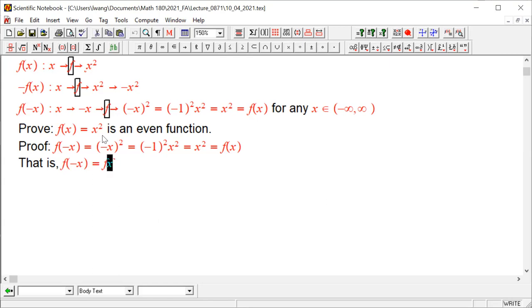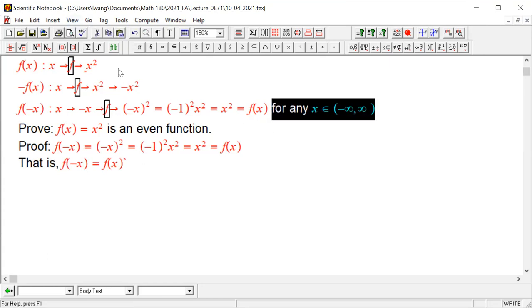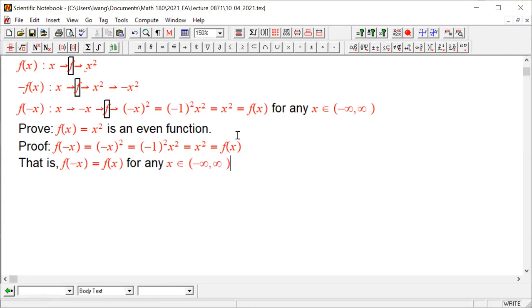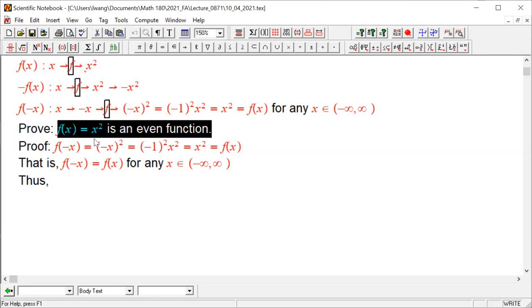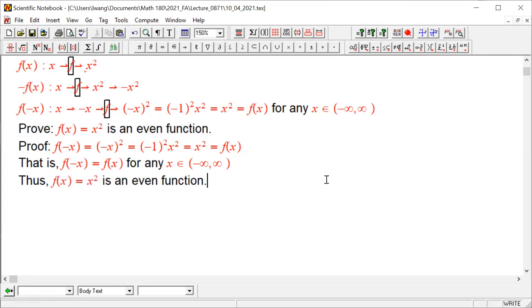And we know that this is true for any number in the domain of f. Then you say, thus, the function is an even function. And the proof, you can make it longer or shorter, but essentially that's what it is.